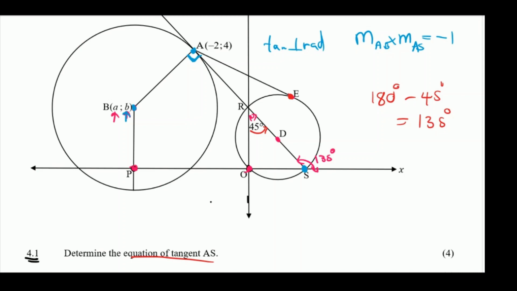And we already know the gradient of AS. We calculated it in a previous question, and we found it to be -1. So we know m of AS multiplied by m of AB is equal to -1.